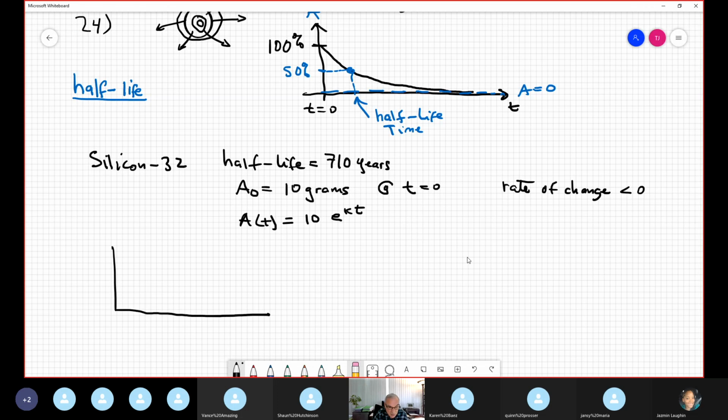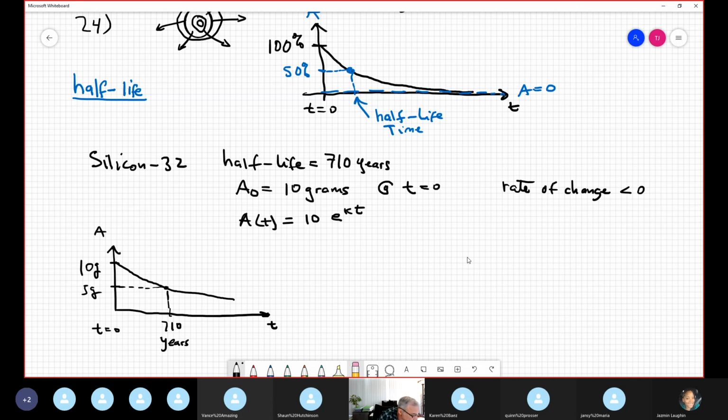This is my graph. The graph is the geometric interpretation of the problem. At the beginning, at t equals 0, we have 10 grams. And it's decreasing too slowly, I know, because the half-life is 710 years. But I know for sure that 5 grams occur here in 710 years. This is the interpretation of half-life.